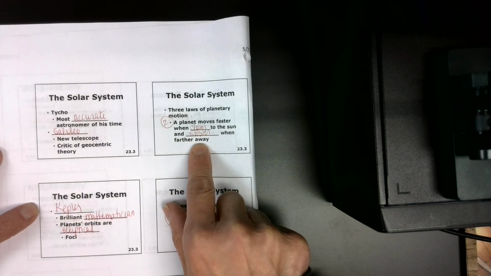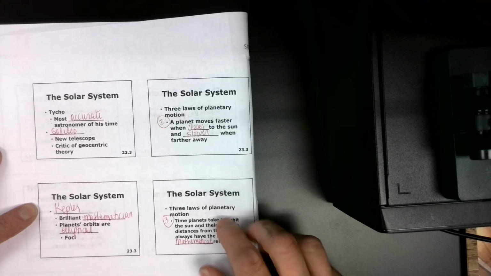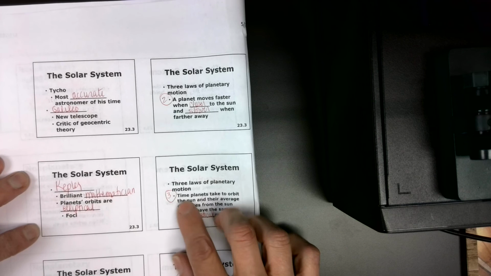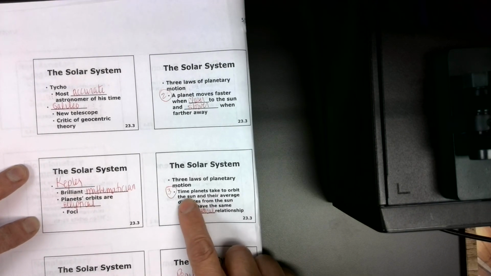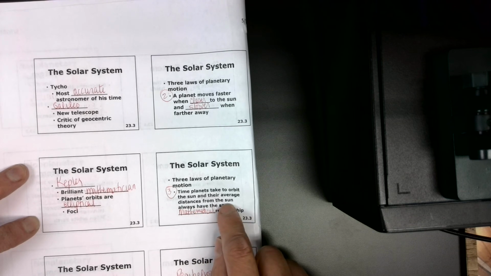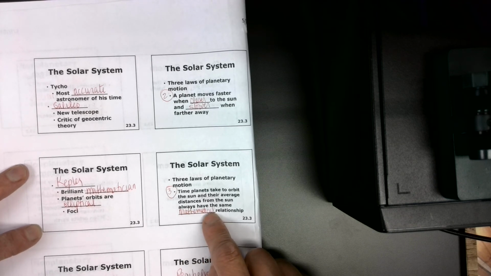So it's not always the same time frame for motion. His third law of planetary motion said that the time planets take to orbit the sun and their average distances from the sun have always had the same mathematical relationship.